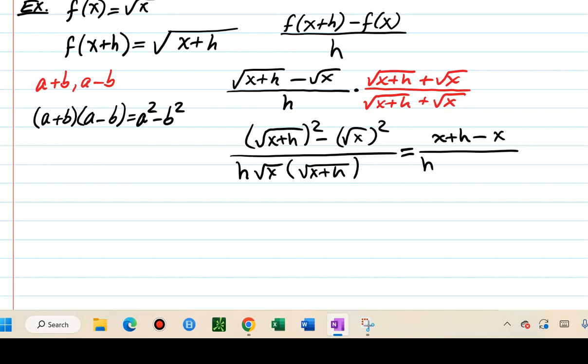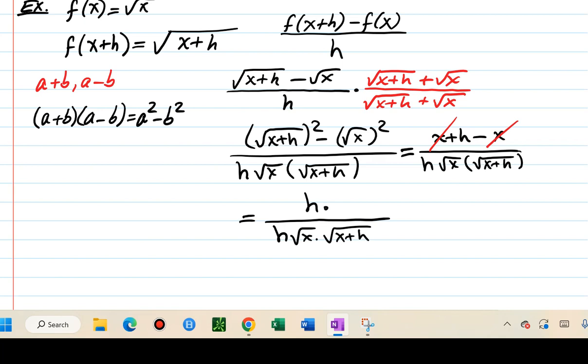Over the denominator, again, everything intact. Can't do much there. Now look at the numerator. Isn't that something? I'm able to cancel the x's now. So once we cancel the x, now the numerator is just h. The denominator is h root x times root of x plus h.